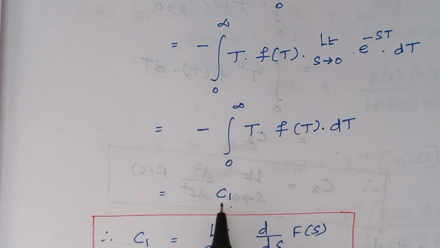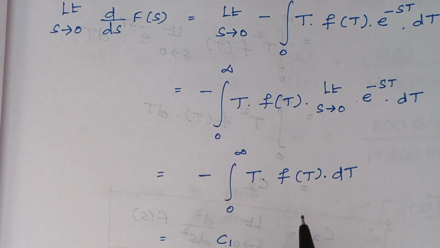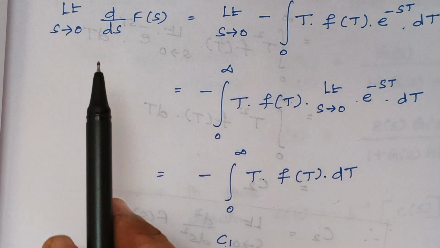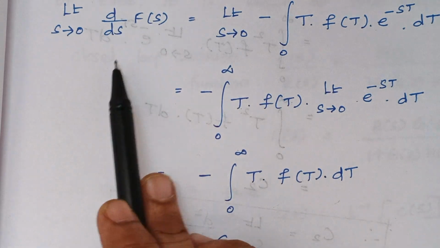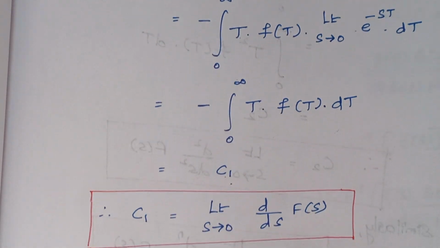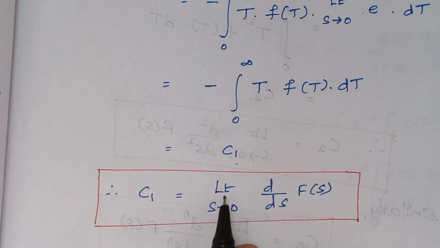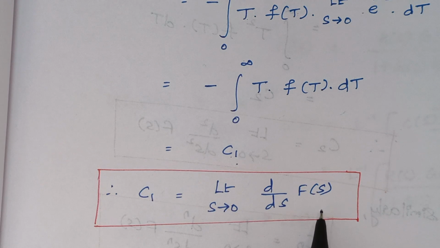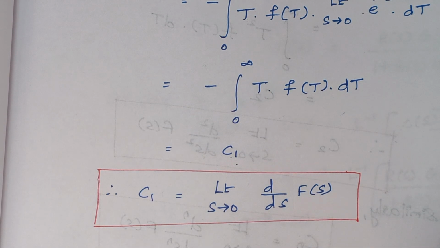So C1 is nothing but limit s tends to 0 d by ds of f of s. And the next step, I am going to differentiate equation number 2 again.